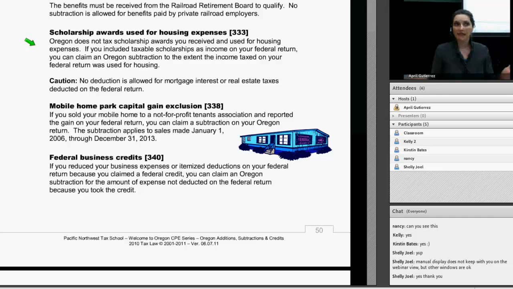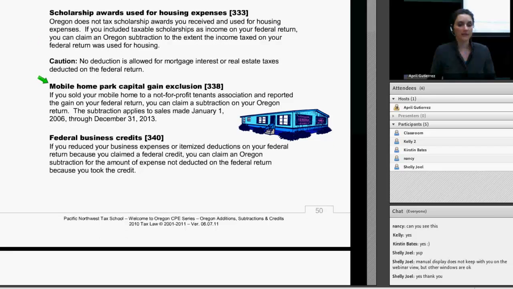So what exactly is included in housing? Well, it's actually room and board is one of the descriptions that they're giving. And so it can include more than just rent. It can also include utilities and so forth. But do not claim a subtraction for any expense that you've already deducted on Schedule A for mortgage interest and real estate taxes. Be careful of that one.